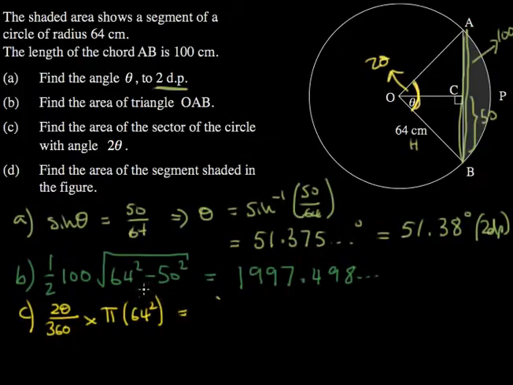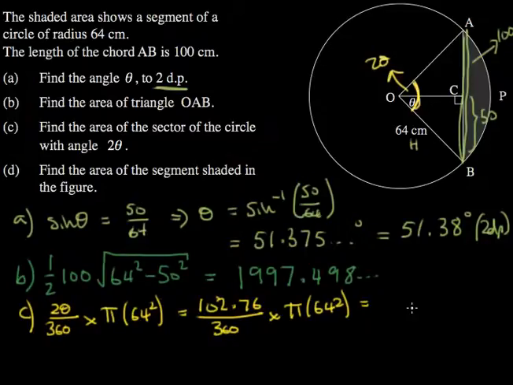And the angle that I've worked out in part A is a half of the angle that I need, so I need to do 51.38 times 2, which is 102.76 divided by 360, and then multiply that by pi r squared. So I'll leave that like this.